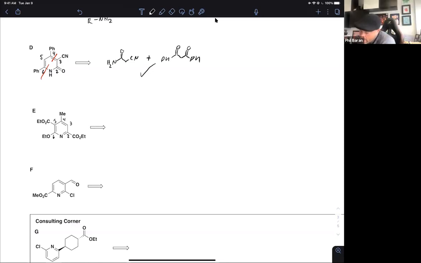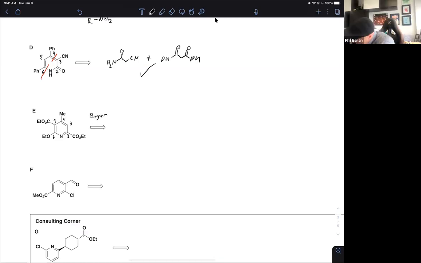Would you think condensation, rearrangement, or cycloaddition? And we'll take it from there. Not condensation. Okay, that's very good. And you're left with rearrangement and cycloaddition. I guess the cycloaddition would make a little more sense, probably.